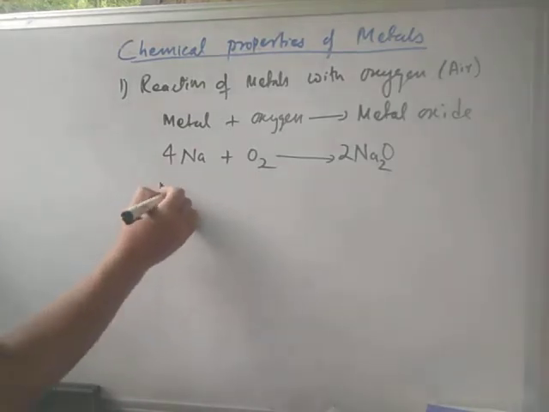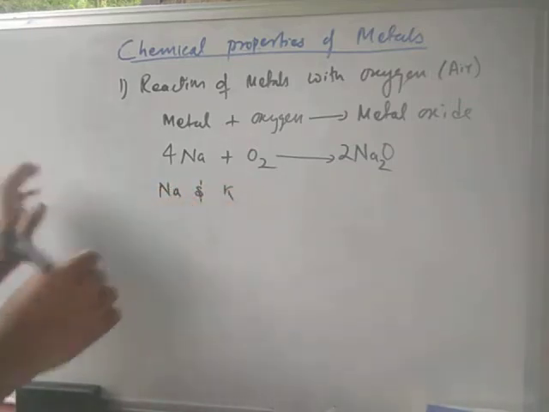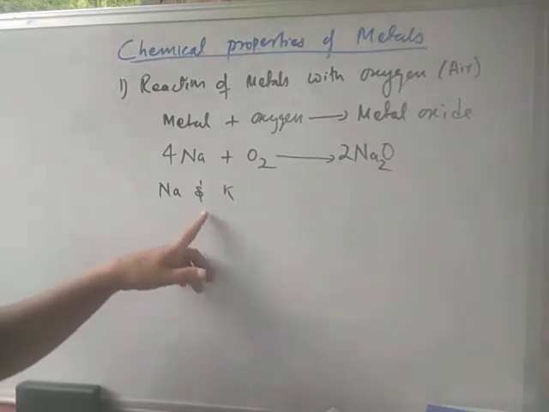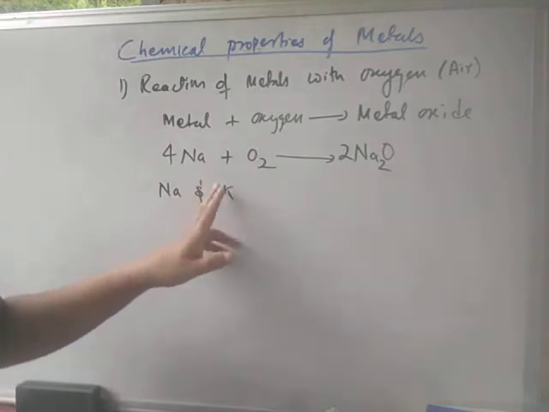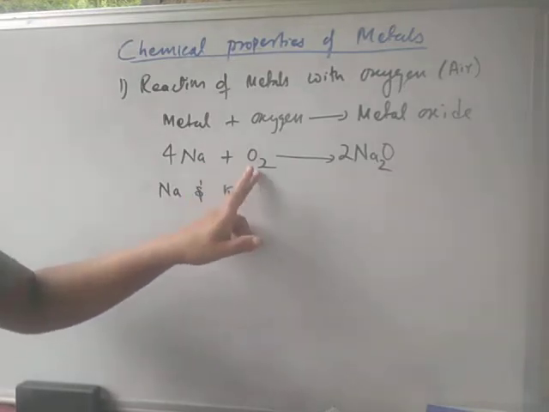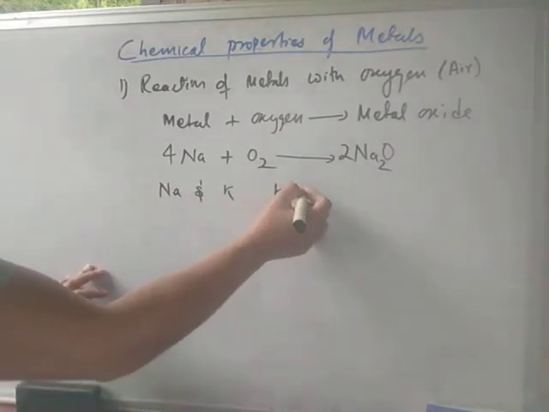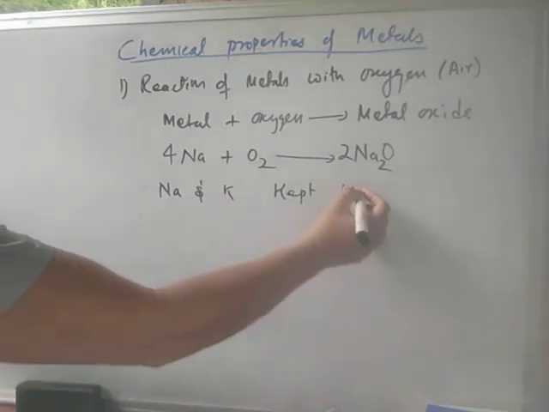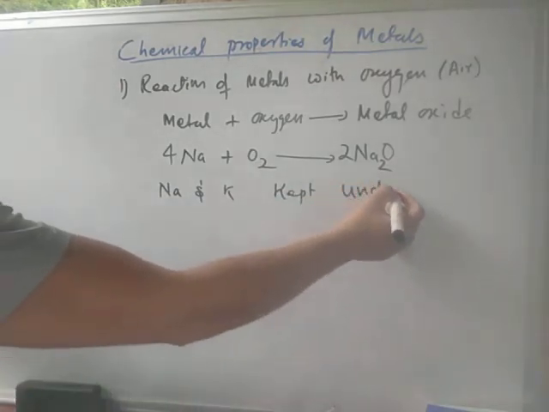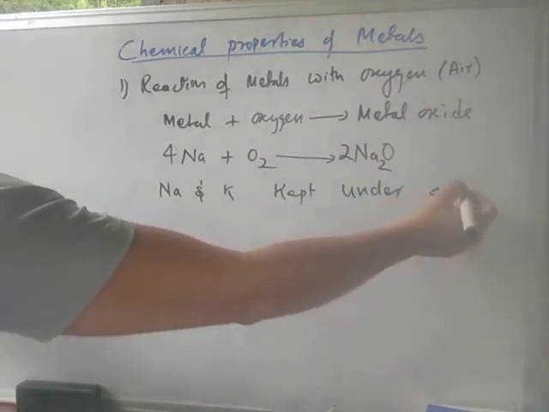Now write down, sodium and potassium are highly reactive. That is why sodium and potassium can easily react with oxygen, so they are kept under or inside oil, or you can write kerosene.